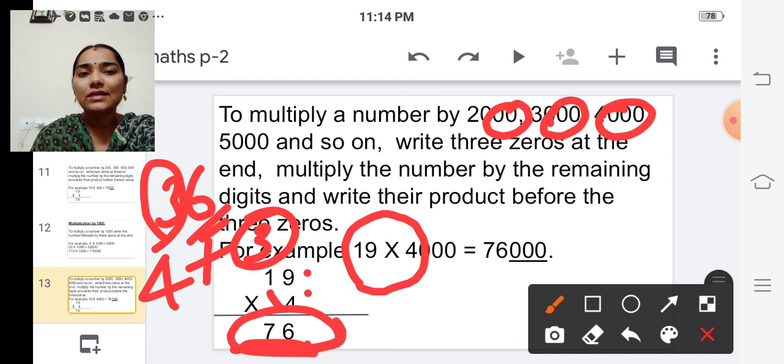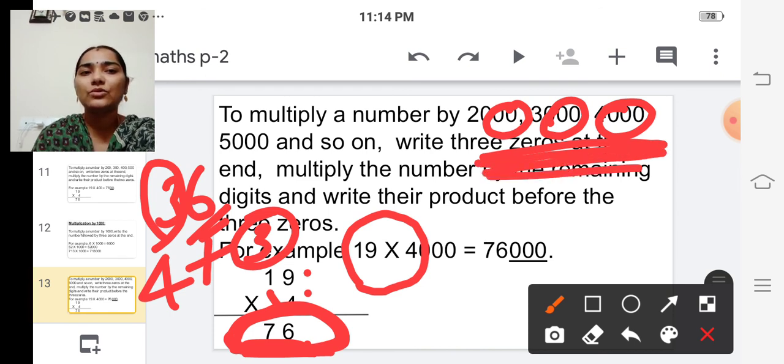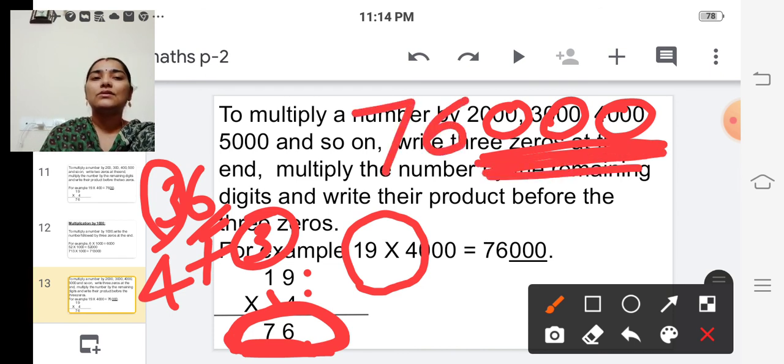So write the 76 before these 3 zeros. So the answer is 76,000. So is it clear, children?